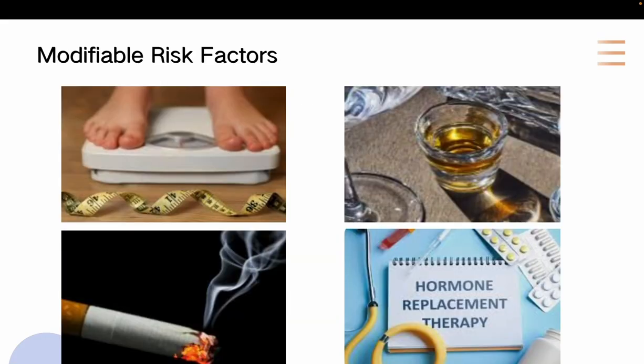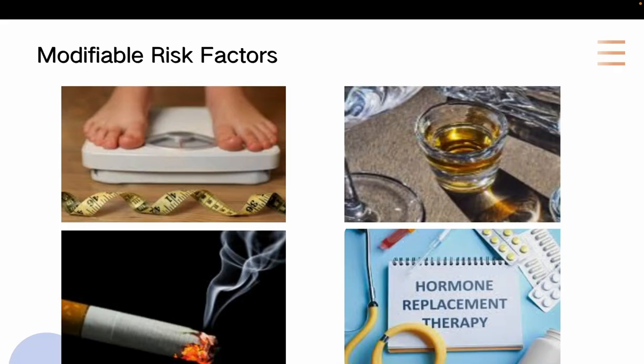Modifiable risk factors. Early menstruation before age 12 or late menopause after age 55 contributes to prolonged exposure to estrogen. Women who have never had a child or who have their first child after age 30 may have a higher risk.